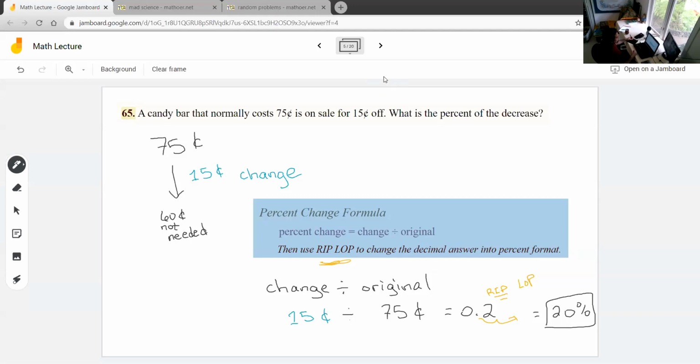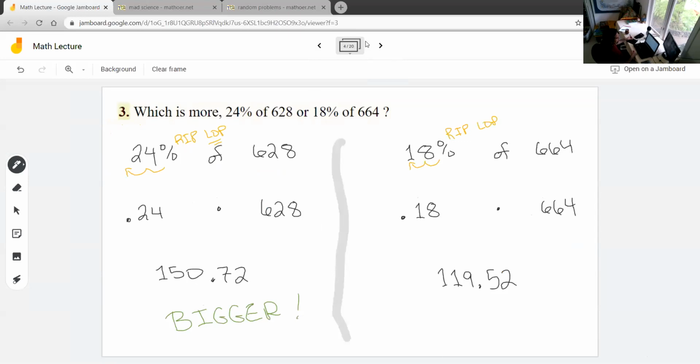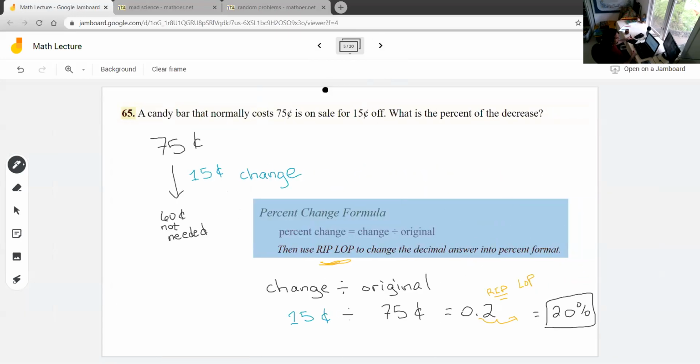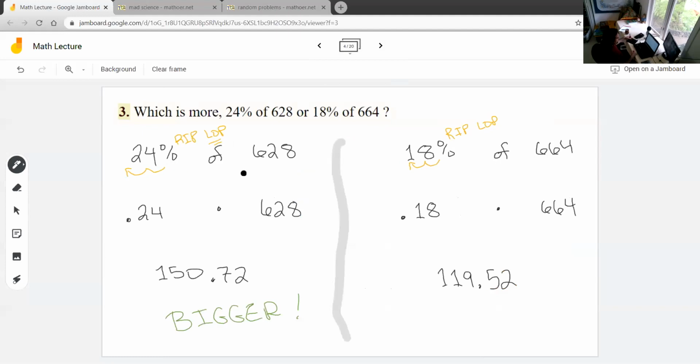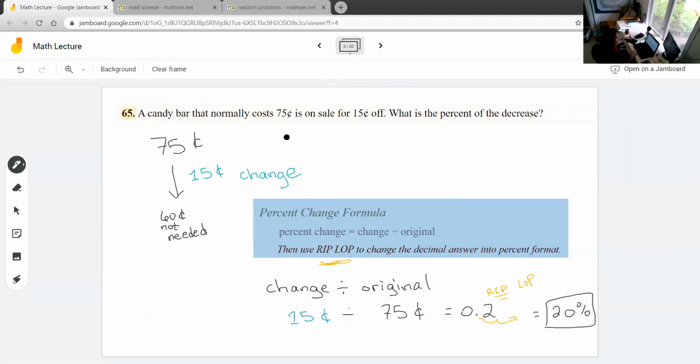Okay, this isn't quite as far as we got, but I want to pause here because not everyone watching now was attending Monday. Questions about this page and this page, the two opposite-direction processes: either having a percent and saying what's the percent of a big number, or saying we have a change, how much is that change if we rewrite it as a percent of the original?